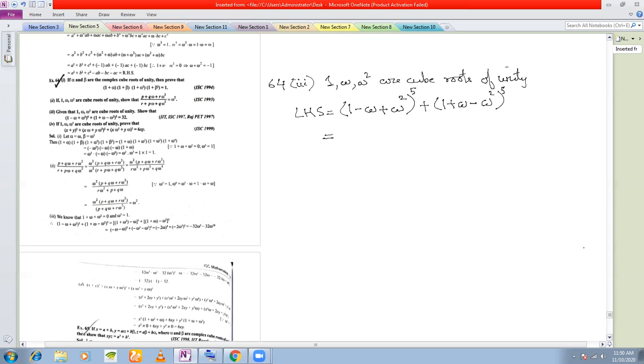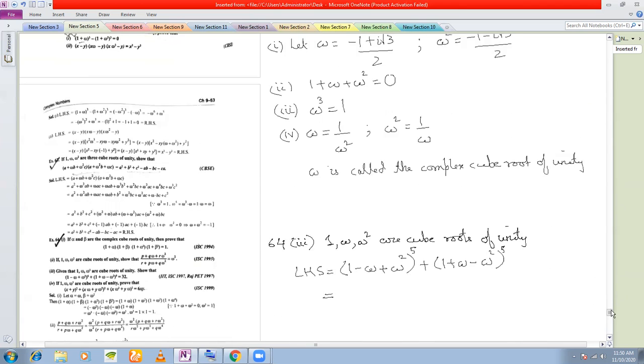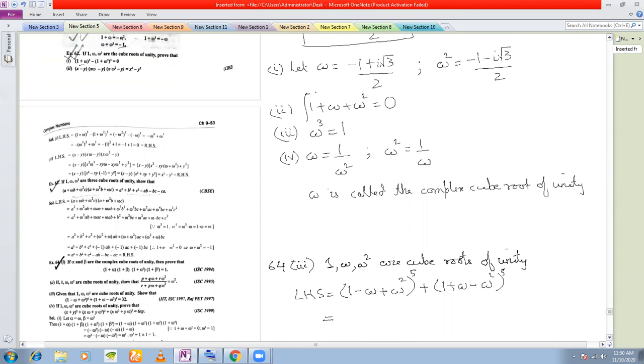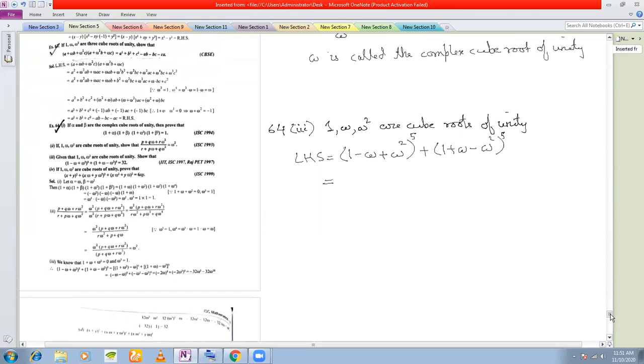Now if you see this property here that I just wrote, 1 plus omega plus omega square is equal to 0. From this, what can you say? You can say 1 plus omega is equal to minus omega square, right? Or you can also say 1 plus omega square is equal to minus omega, right? So you're going to use this.